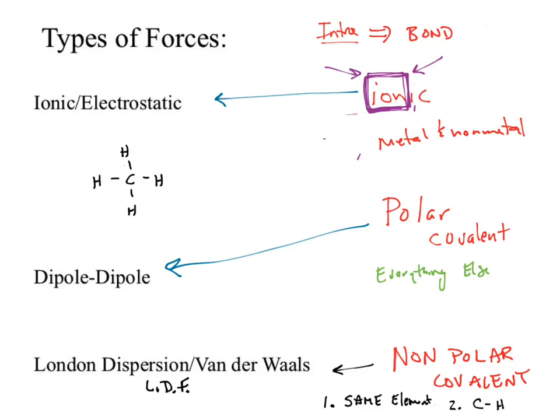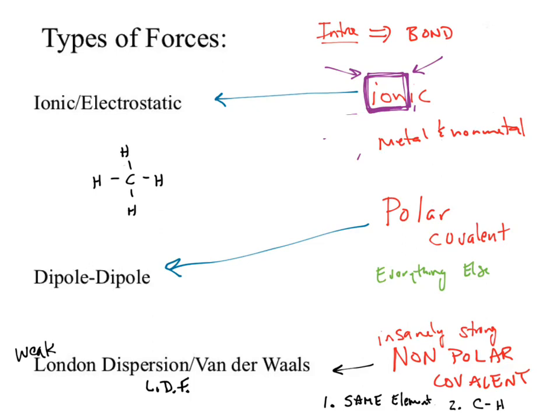So what did this mean for us? The London dispersion force was insanely weak. Shouldn't interact with anything else. But what was the nonpolar covalent bond? Very strong. Insanely strong. It's so strong, it doesn't interact with anything else.